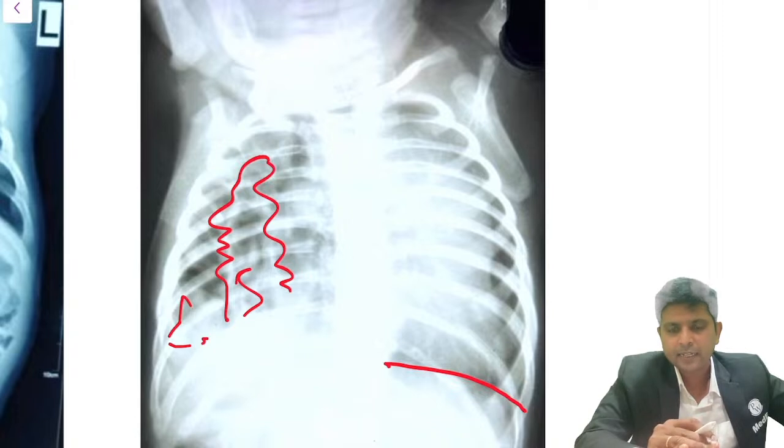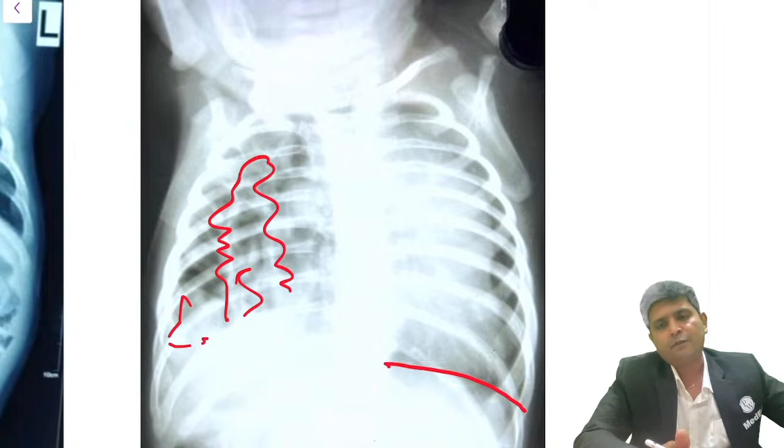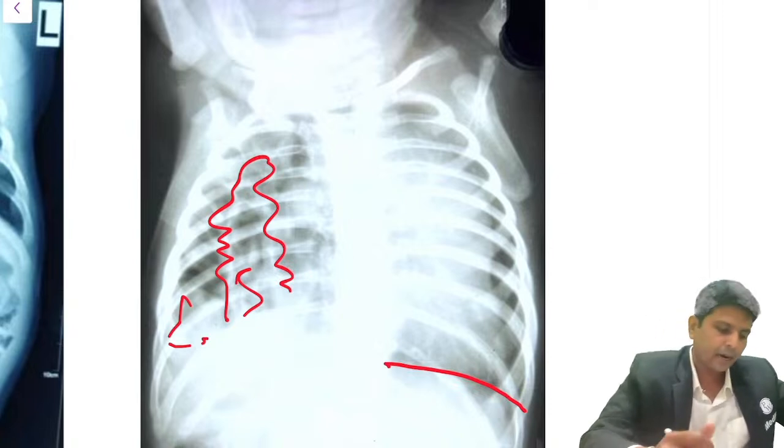The presentation is a term newborn born by natural labor, cried immediately after birth, developed scaphoid abdomen and respiratory distress. Why scaphoid abdomen? All intestinal loops are going into the chest, as a result of which you get a scaphoid abdomen.